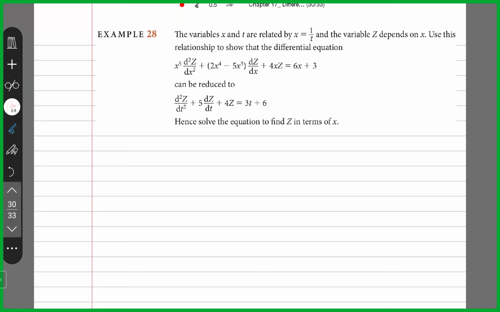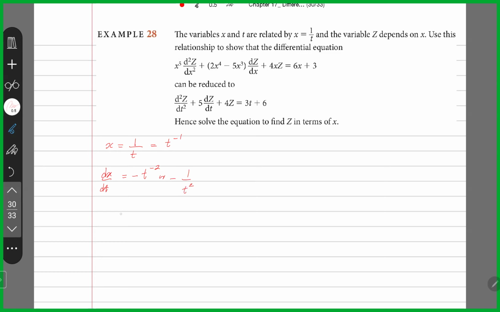All right, so let's start out. We're told that x is equal to 1 over t, which is the same as saying t to the minus 1. Now, dx by dt is equal to minus t to the minus 2, or minus 1 over t squared.